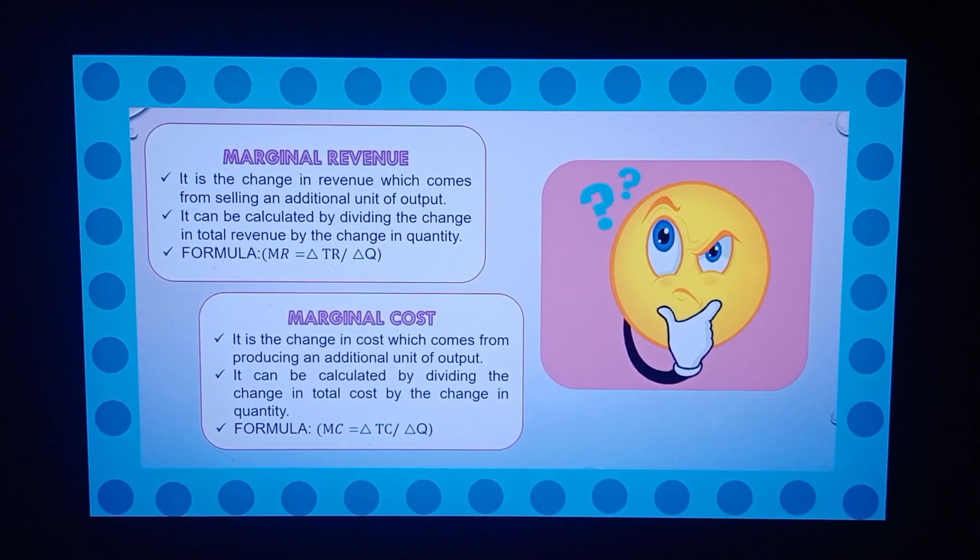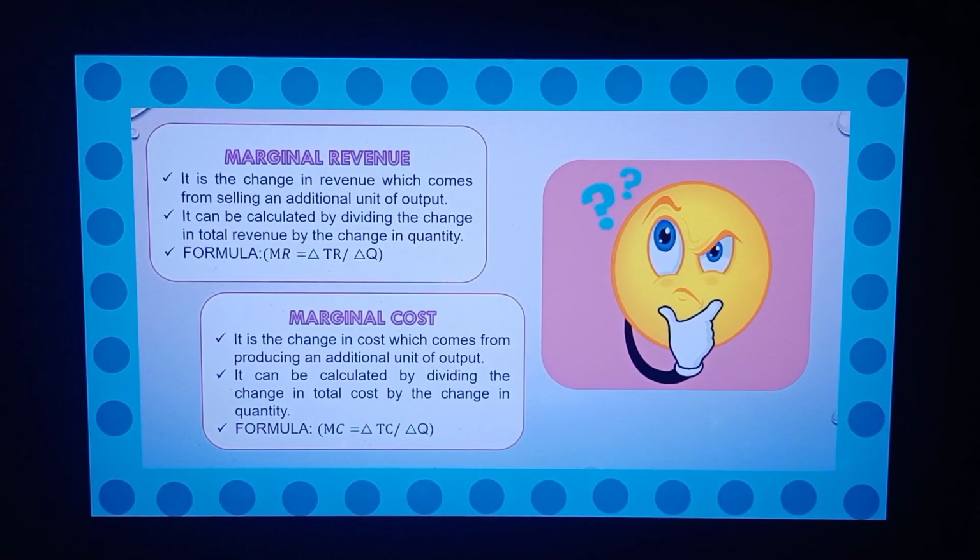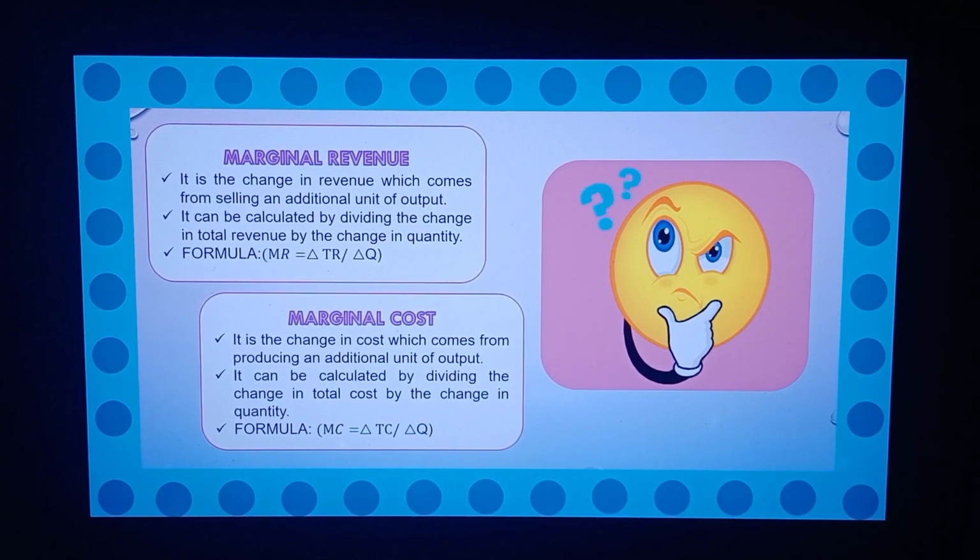So, next is the marginal cost. Marginal cost is a change in cost which comes from producing an additional unit of output. Kasi marginal revenue is selling an additional unit of output. Si marginal cost is producing an additional unit of output.